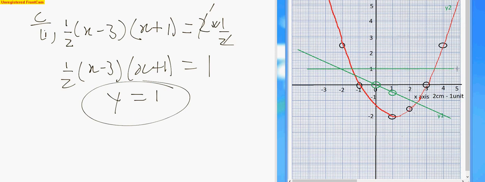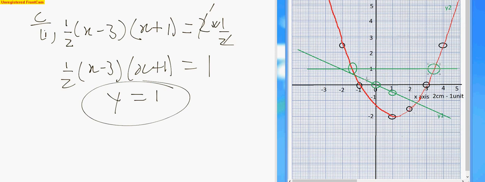This is the line y is equal to 1 because it's just passing through 1. So we can tell straight away that it's going to meet the curve at this point right here, and also this little point here.